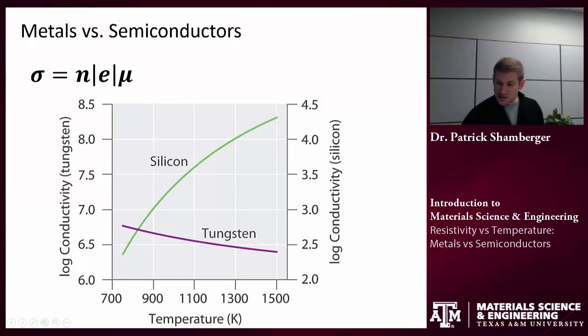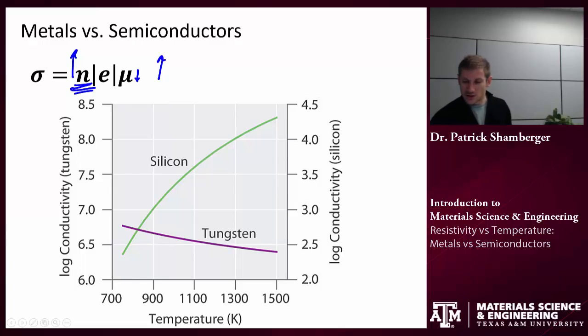So what that means is that we have opposite effects in metals and in semiconductors. So in silicon, the conductivity will increase. And that's largely because the number of free carriers increases. Yes, the mobility will decrease a little bit, but not enough to outweigh this increase in number of free carriers.